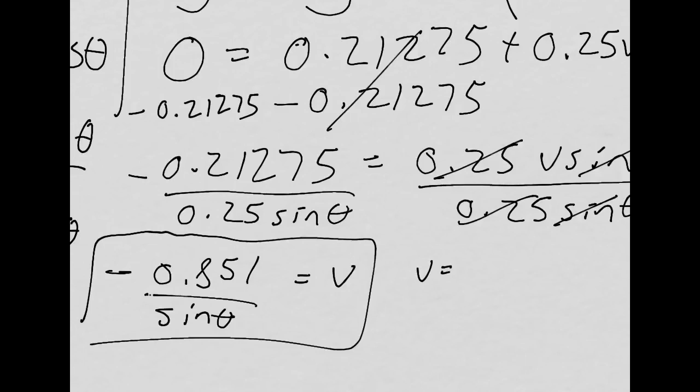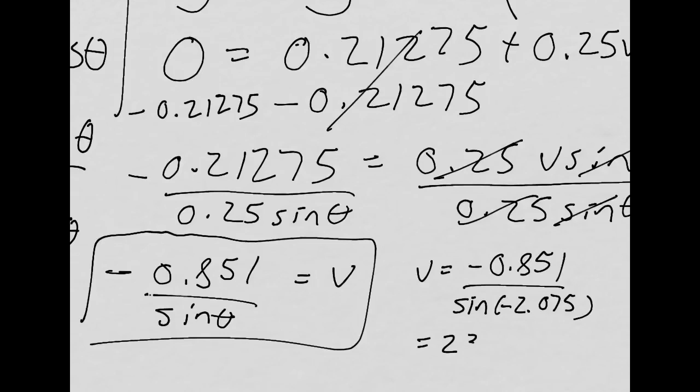So V is equal to negative 0.851 over sine of negative 2.075 degrees. 0.851 divided by that is 23.5 meters per second.